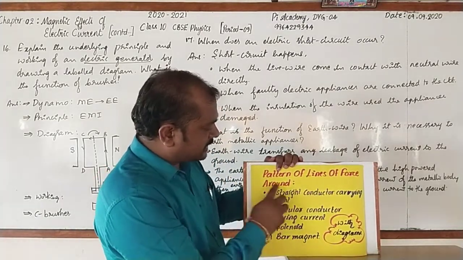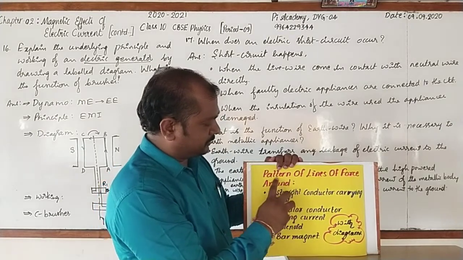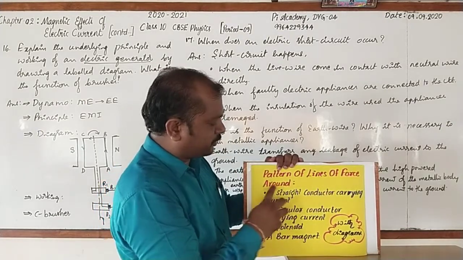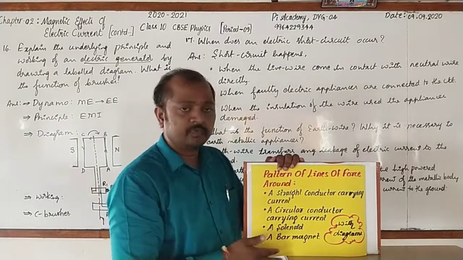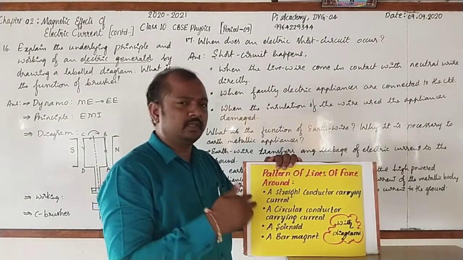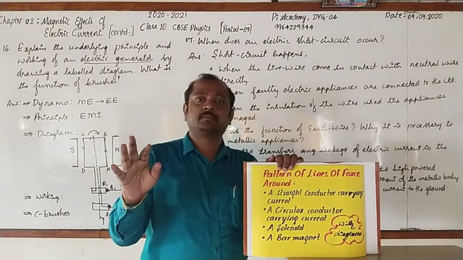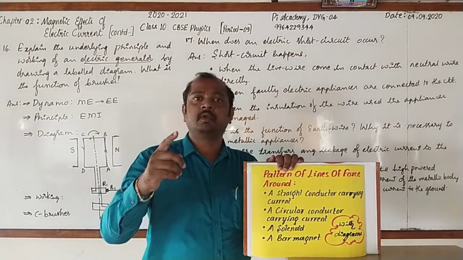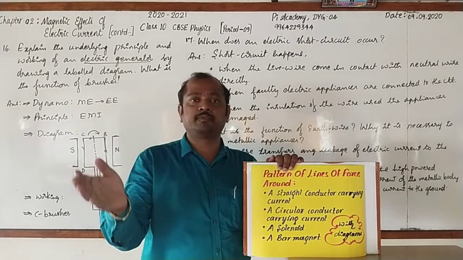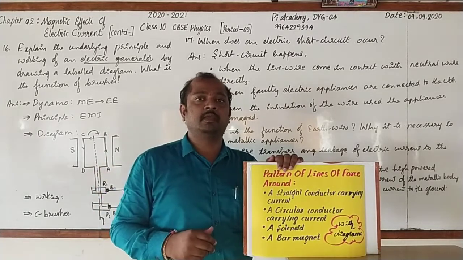Observe here. In the next part, we have learnt about the pattern of lines of force around a bar magnet and different types of magnets. We know that the pattern of lines of force will not be the same around all magnets. It differs depending on the shape of the magnet.